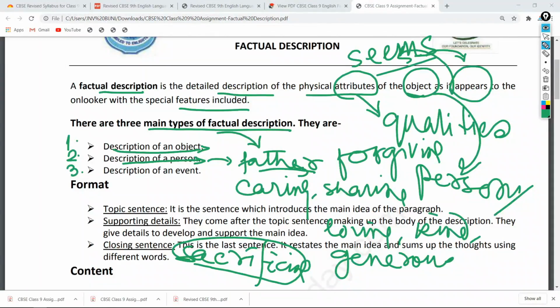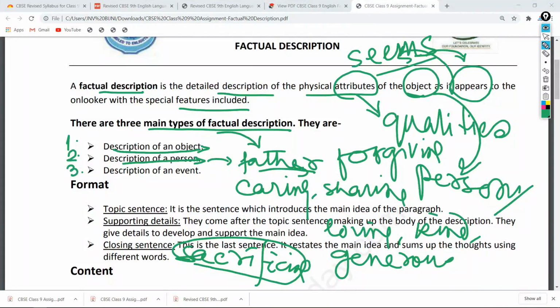At night also he did not have a wink of sleep, so he was carrying you, and after you recovered from the illness, then only the father expressed his sigh of relief, S-I-G-H, sigh of relief. So this is the example also you are giving in the same paragraph without changing the paragraph. Then this description of the person, that is your father, will be better.